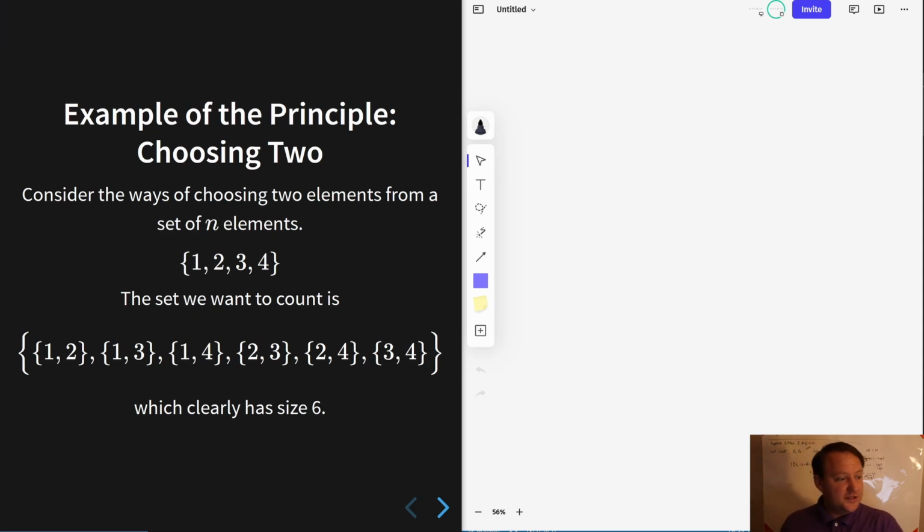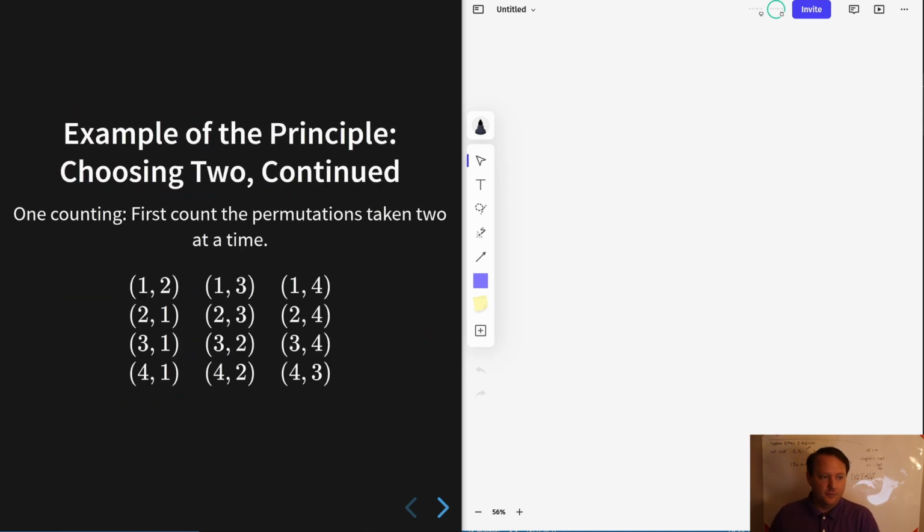Now let's try to count this set, both in this particular case, but also thinking about how it generalizes to the more general case, in 2 different ways. The first way is to look at all ordered pairs. If we're taking 2-element subsets and sets are necessarily unordered, then we would not count the set {1, 2} as distinct from {2, 1}. But we could count with order anyway and see that every set corresponds to 2 ordered pairs.